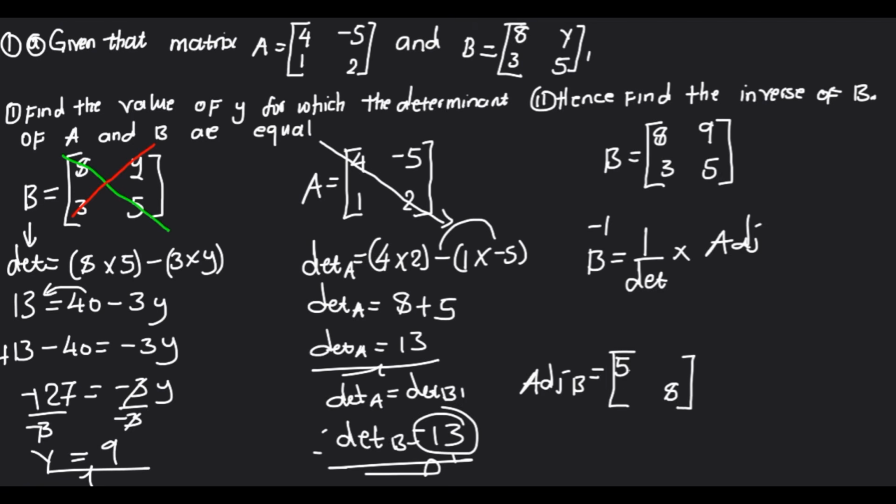So positive 3 becomes negative 3, then here we have negative 9. So our final answer is 1 over the determinant, which is 13, then the adjoint is 5, negative 9, negative 3, 8. So this is how you can find the answers to a question like this one.